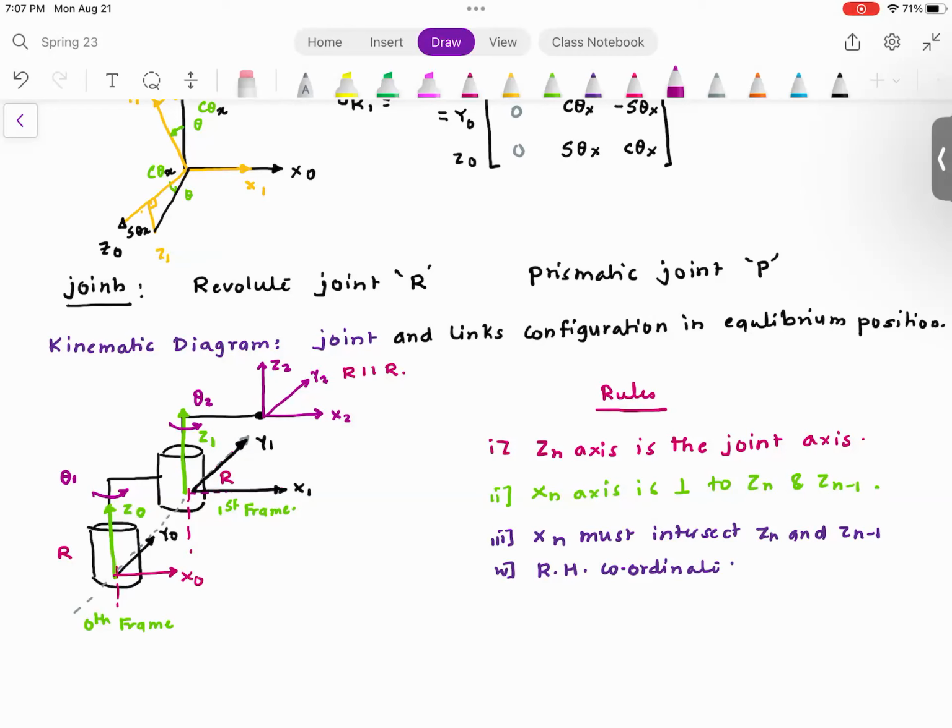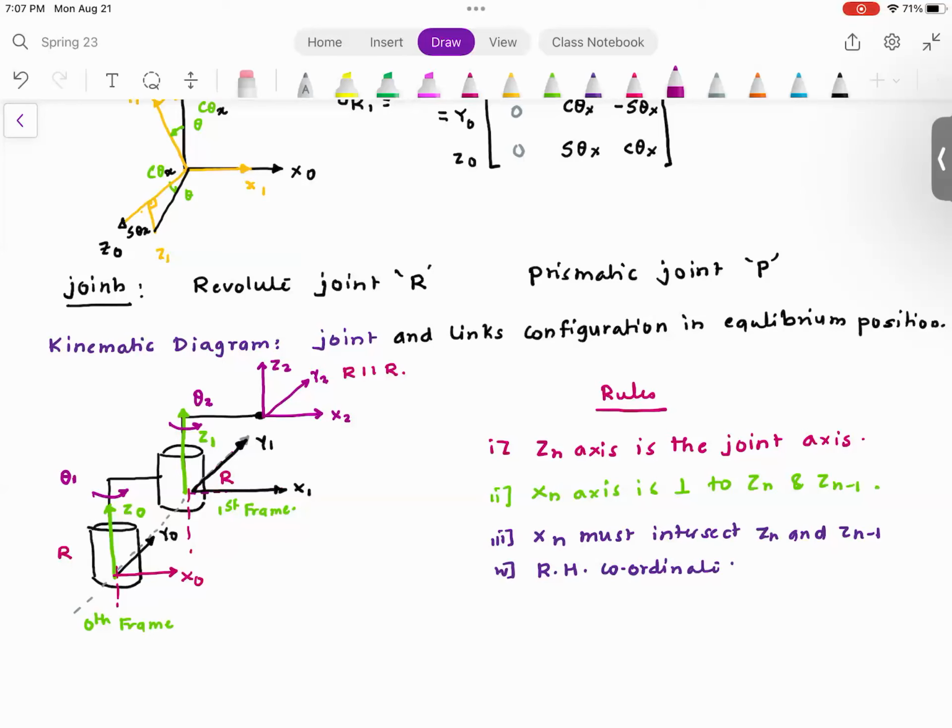I go to the next frame. I draw Z1. Then I need to find where my X1 should be. X1 must be perpendicular to Z1. It's part of the triad. But X1 has to be perpendicular to Zn minus 1. That is only possible if my X1 is in this direction.